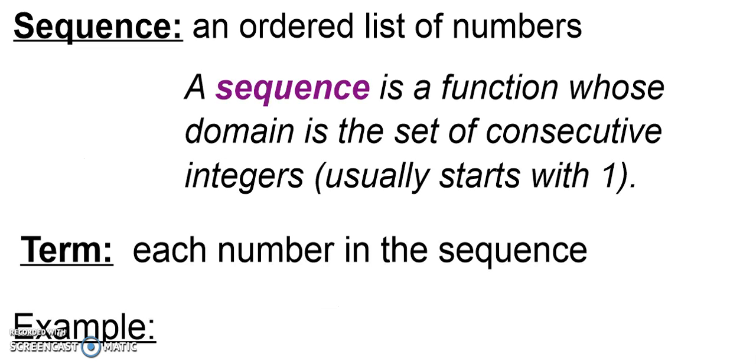Alright, so a sequence is an ordered list of numbers. It's a function. When I'm talking about the first term, the second term, the third term, those are our domain. And our range, our outputs, are the actual numbers themselves in the sequence. So our domain is always going to be the set of consecutive integers, and what consecutive means is in a row.